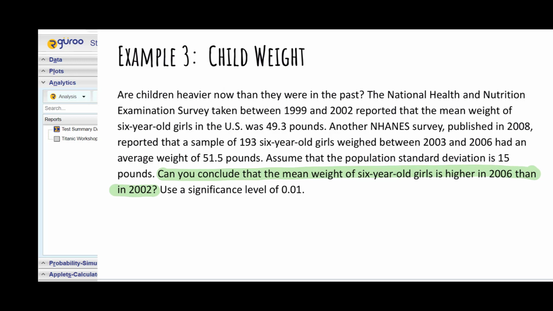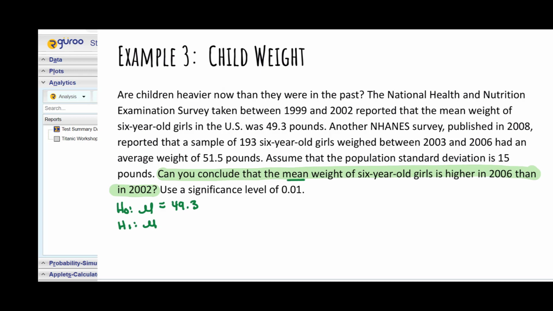And when we write the null and the alternate statement, we're doing mean, so mu. H0 is always equals. So we're going to assume that the weight is what it was in 2002, which was 49.3 pounds, because they're saying, can you conclude that the mean is higher in 2006? So in 2006, they took a sample.